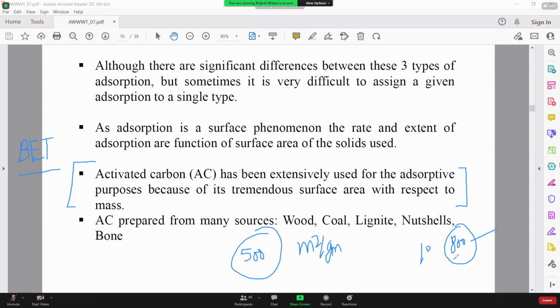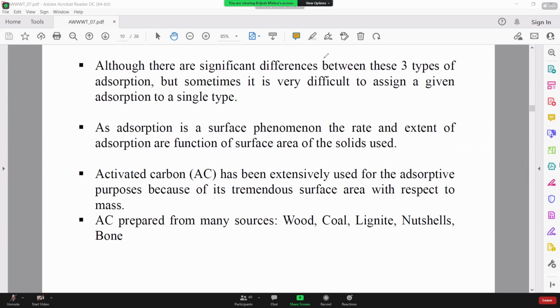And if you are able to develop activated carbon having surface area 1500 in your master thesis using any way or any method, you need not do an adsorption study. That is more than sufficient. And that is the area of material science. You got my point?